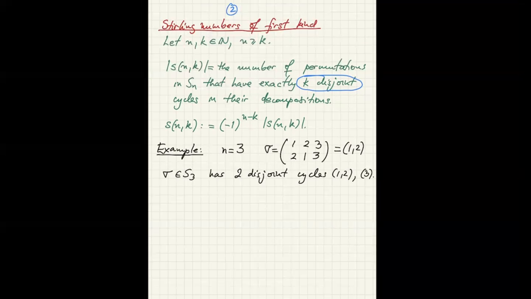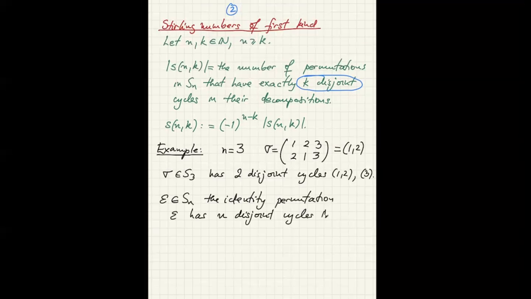With that notation in mind, if we look at the permutation epsilon, the identity in Sn, this permutation has n disjoint cycles in its decomposition.